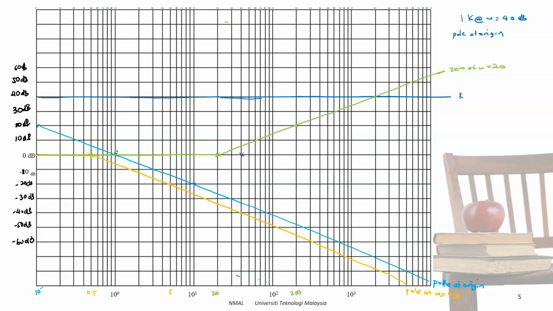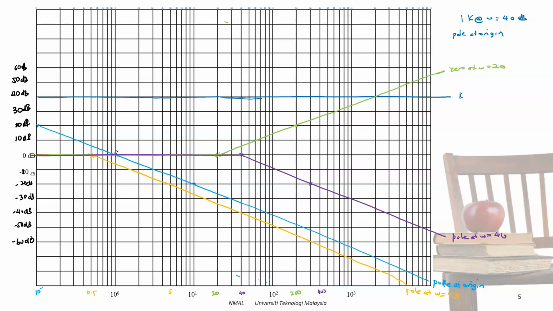One decade after 40 is 400, so 400 should intercept at negative 20 dB, because this is a pole. Before that is 0, and after that is pole. If you see here, all the poles are parallel because they drop by negative 20 dB per decade. So this is the pole at omega equal to 40.